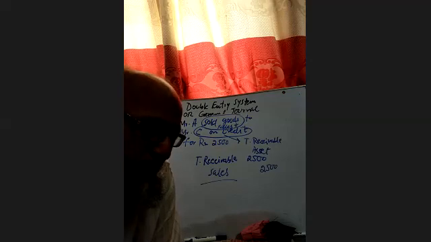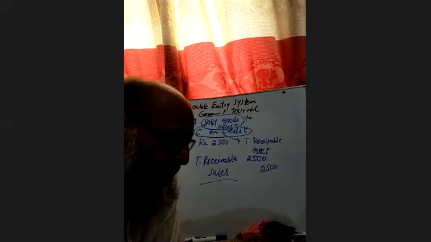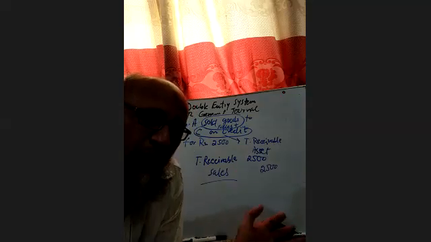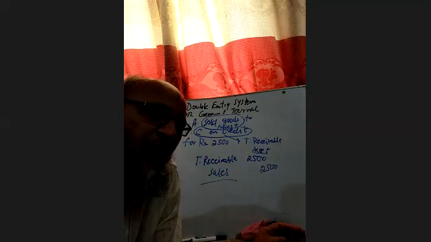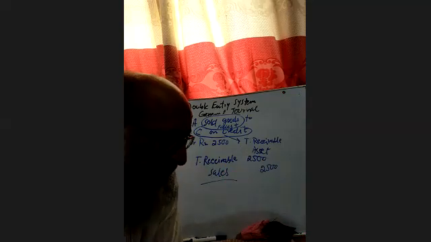In paper two you will have 20 marks of questions, and in paper one, MCQ as usual, 10 marks, altogether 30 marks. If you practice all these transactions, I hope inshallah you will do your paper in a good way.